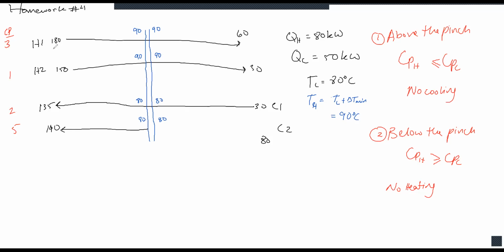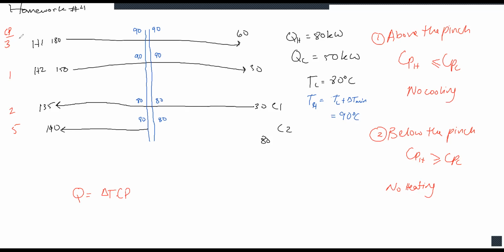Another step which is very useful is to determine the amount of heat available above the pinch and below the pinch for every stream. And just recall that Q, or delta H available, is equal to delta T multiplied by CP, right? So for this guy above the pinch, 180 minus 90, that's 90 multiplied by 3.